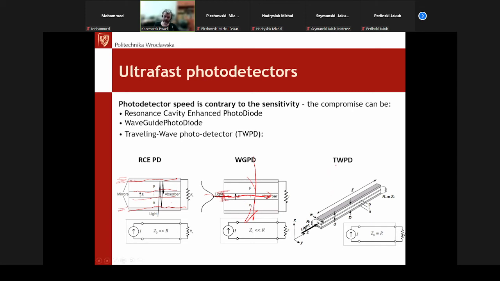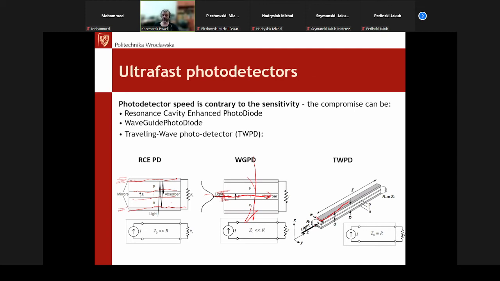And for extremely high frequency photodetectors, we also need to consider all the wave phenomena which appear when dealing with extremely high frequency signals. You can imagine a 40 gigahertz signal. This is a microwave signal. So the electrodes of such a photodetector also need to have certain dimensions, creating a waveguide for electrical waves.